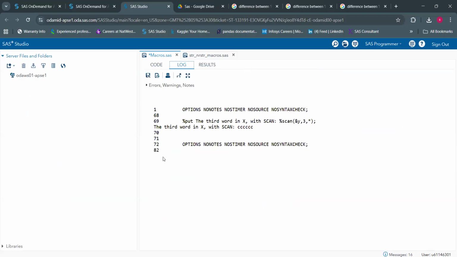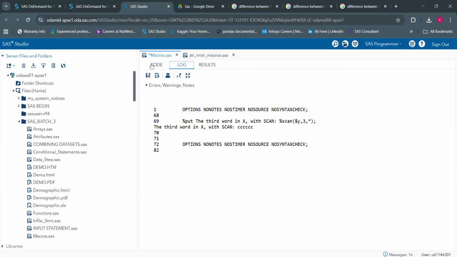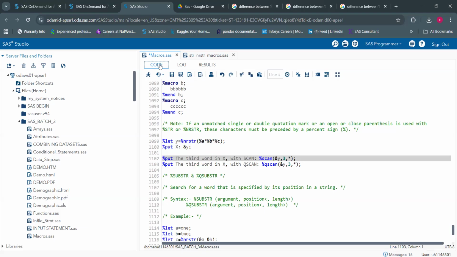In scan, the values are getting resolved. Here it is not. It is directly displaying %a as the first word, %b second, and %c third. Exactly. So what we actually want is the percentages, not the resolved value, right?